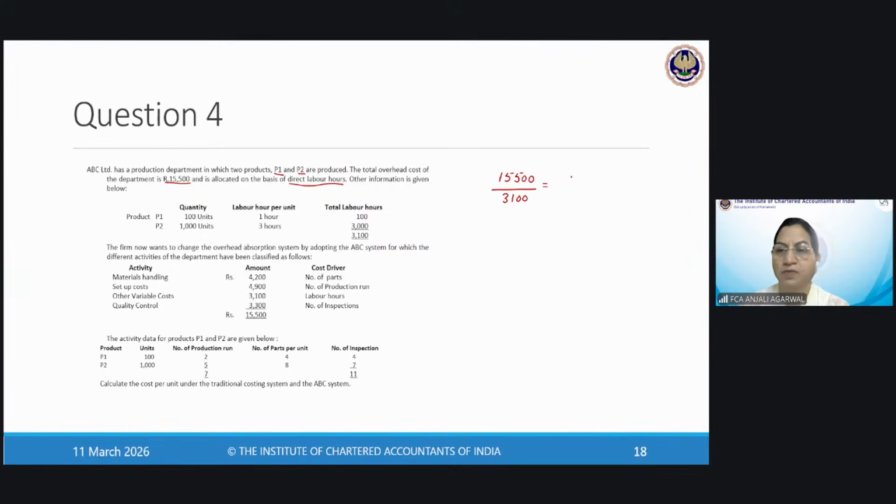So the absorption rate comes out to be, under the traditional method, 5 rupees per labor hour. And under the traditional method, how much expense will be allocated to product P1 and product P2? Labor hours incurred here are, for P1 only 100 hours, and for P2 3,000 hours.